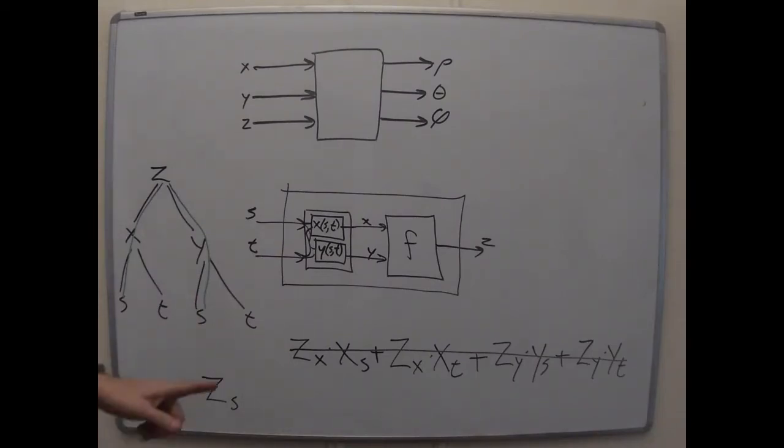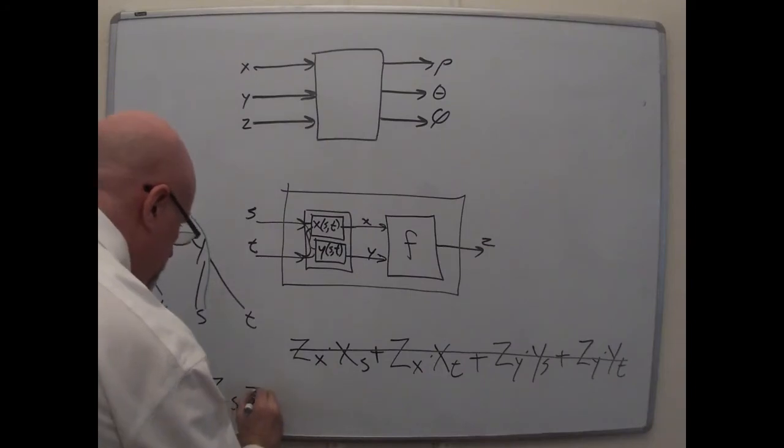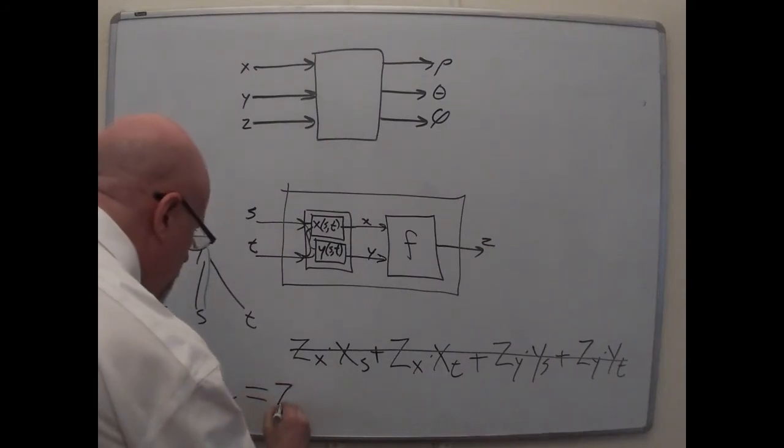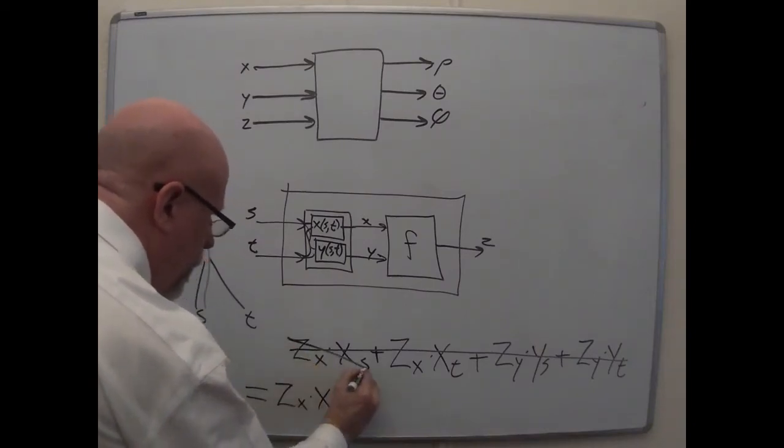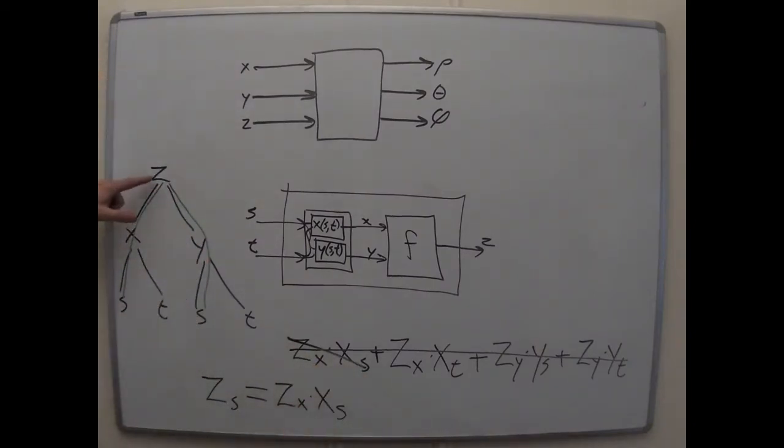So some of the terms that I named over here go into the s partial of z. It's z's x derivative times x's s derivative. That one. But we also have z's y derivative times y's s derivative.